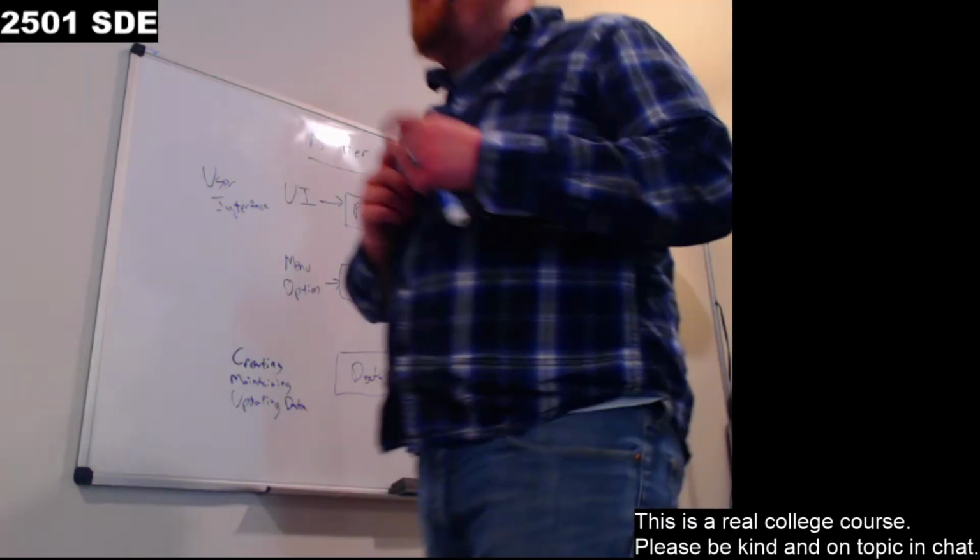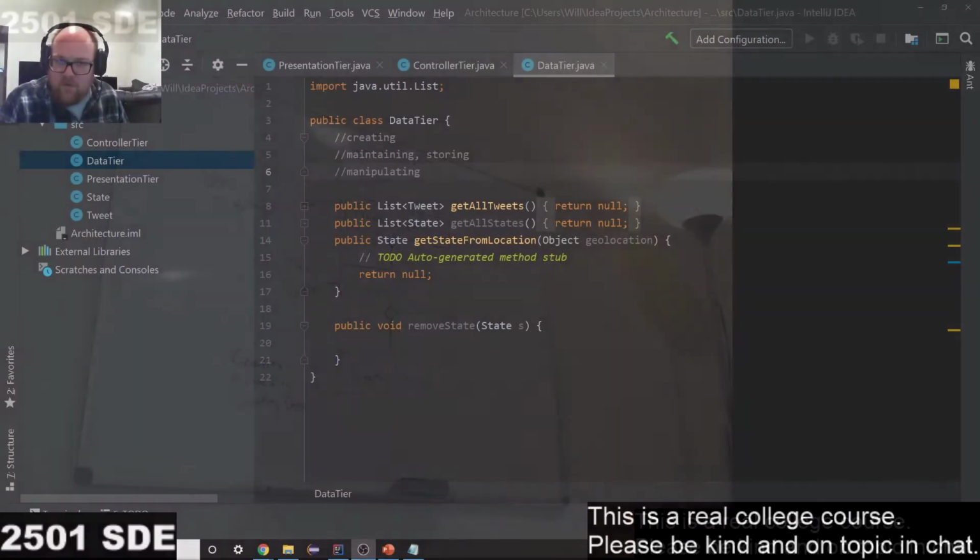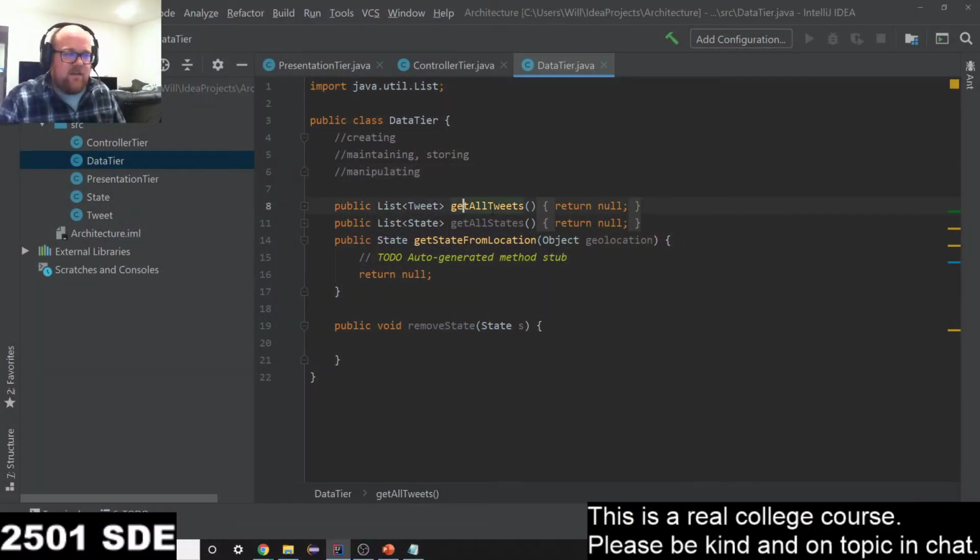Let's say, for whatever reason, we had to update our data layer in a way that did change the interface. Let's say I had to update the data tier in such a way that now get all tweets takes in something like string source. And this takes in a source, whether you want to use a file or a database or whatever. Something like that.